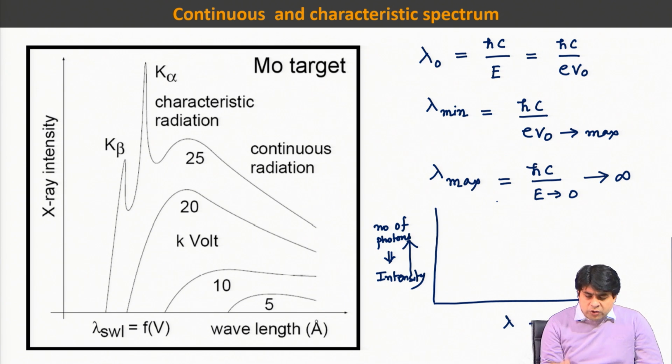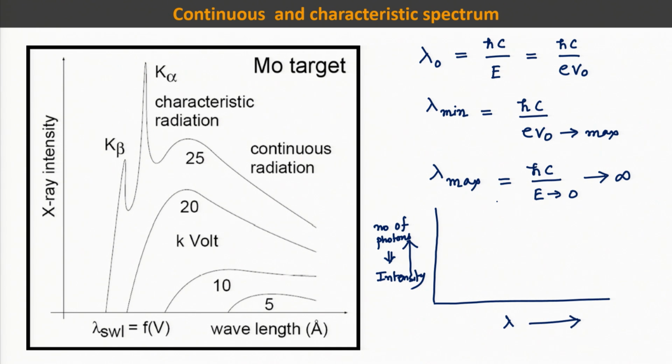Okay. If you see this lambda 0, the lambda minimum has a value very close to 0, or it has a minimum value. Similarly, you have different photons with different wavelengths.